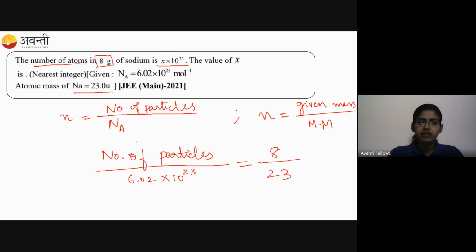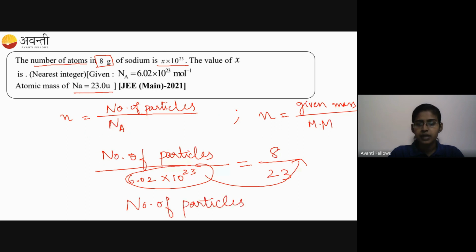Just take this Avogadro number to the other side. So what we will get? The number of atoms in 8 gram of sodium will be equal to 2 into 10 to the power 23, and the value of X is 2.